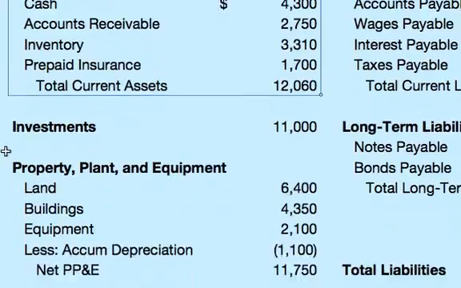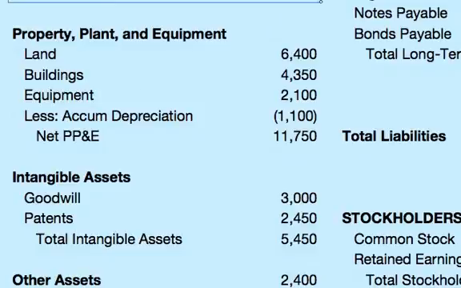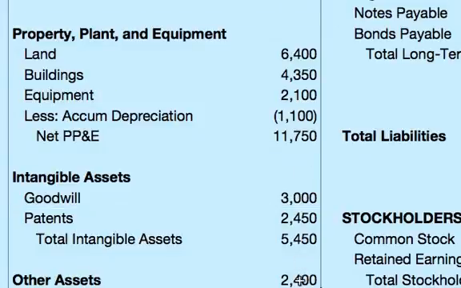Anything after current assets is non-current assets or long-term assets, and so that's everything from investments to other assets. And these are just assets that are expected to be around longer than a year, and so it makes sense. It's stuff like land, buildings, equipment.